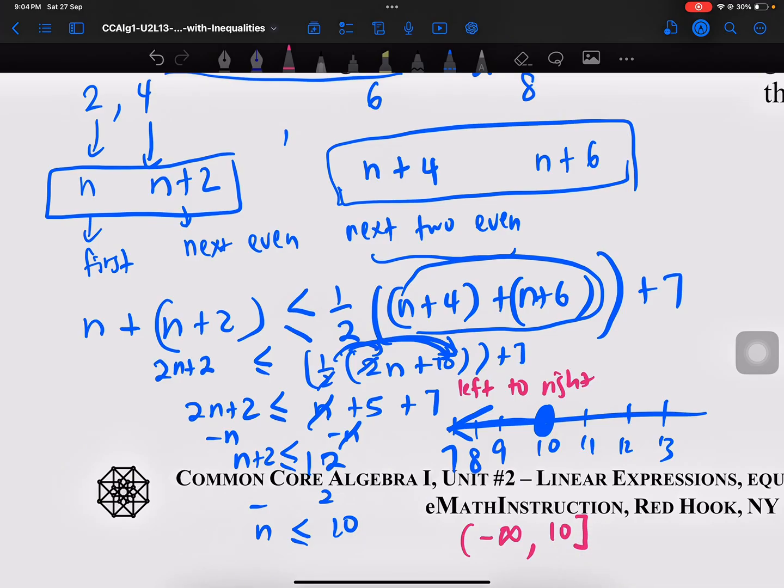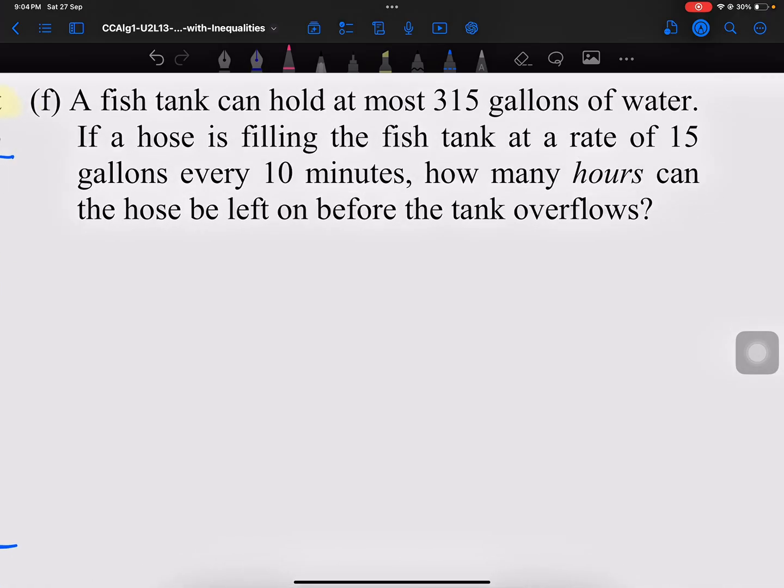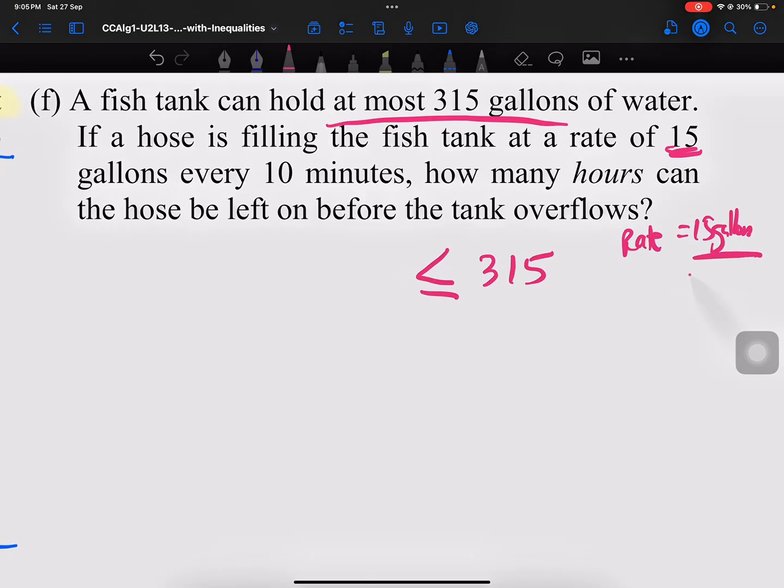Okay, next we move on to F. At most 315, meaning at most is lesser than equal to 315. Okay, a hose filled with 15 gallons every minute. So how many hours can it run? So our rate will be 15 gallons over 10 minutes.